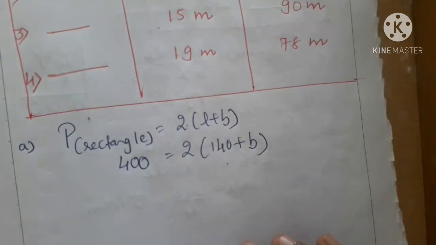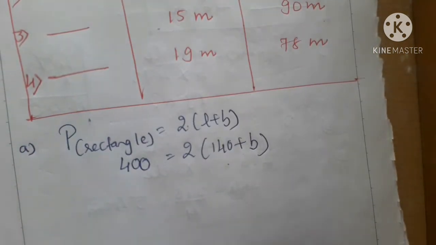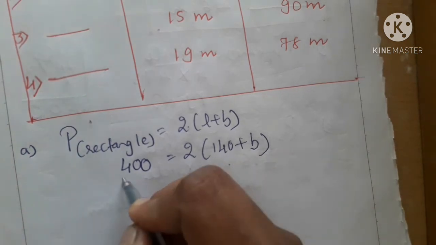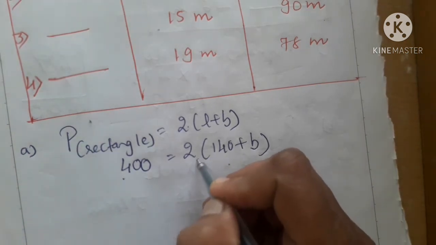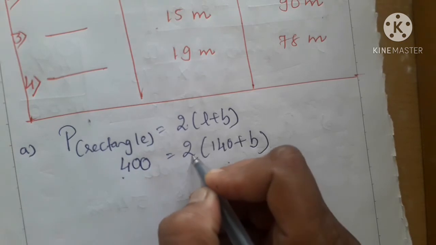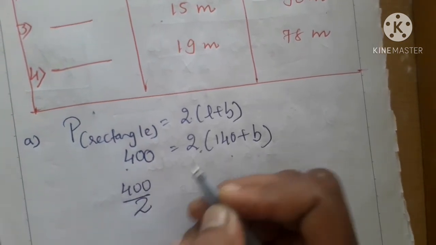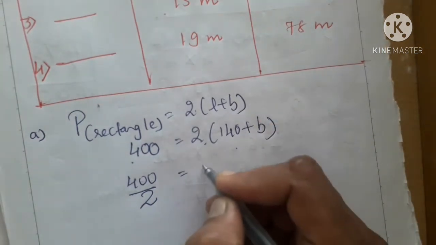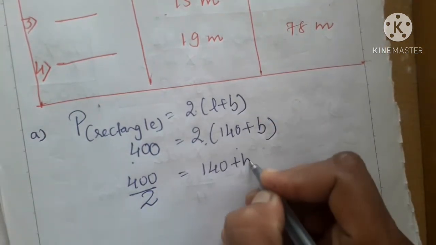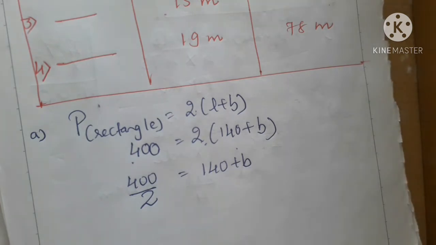Okay, now the first thing what you will do is 400 divided by 2 you will do it. That is 2 will come here in the denominator. So what is left out here? That is 140 plus b. Okay, now why we are doing so?